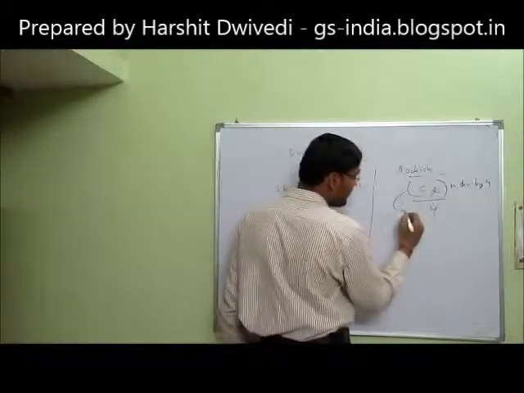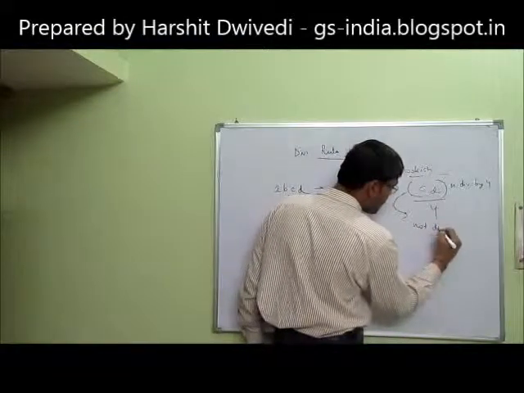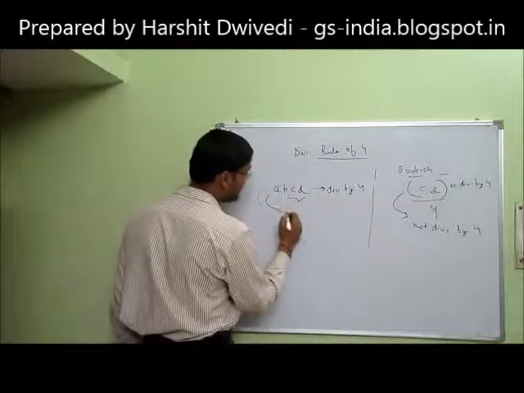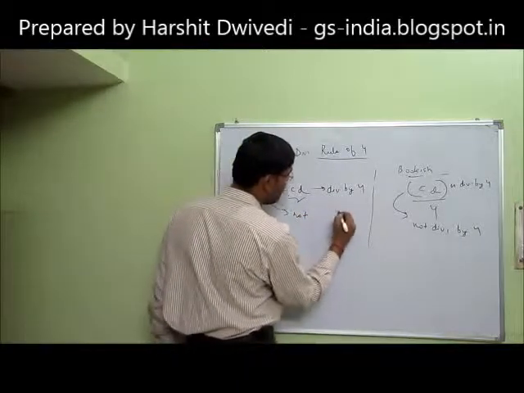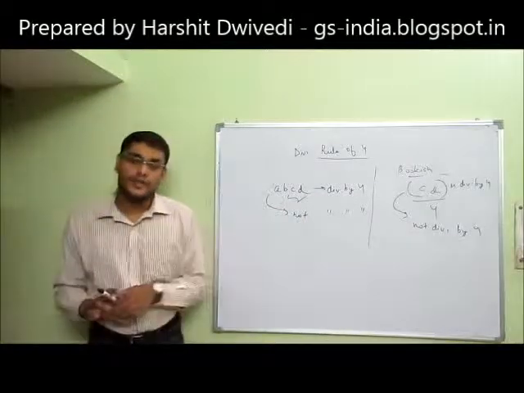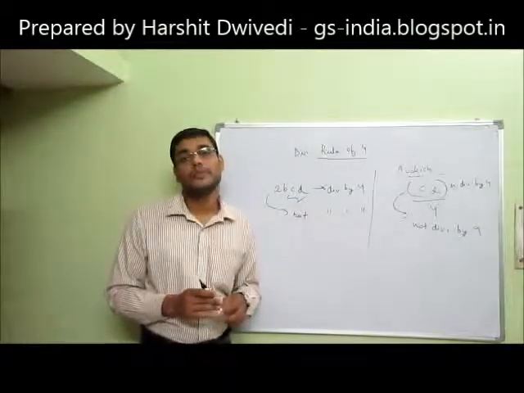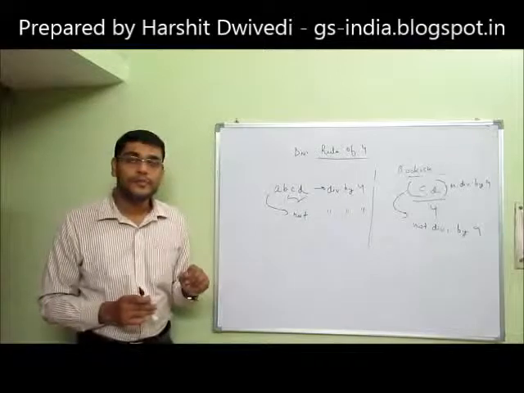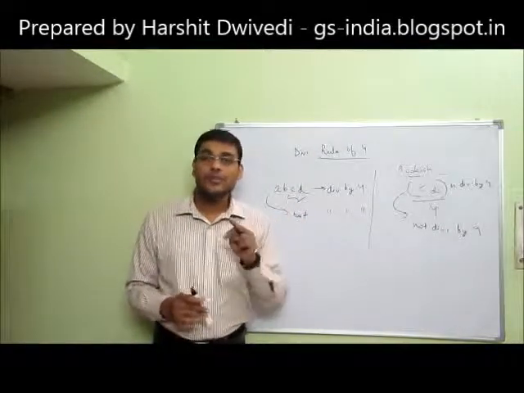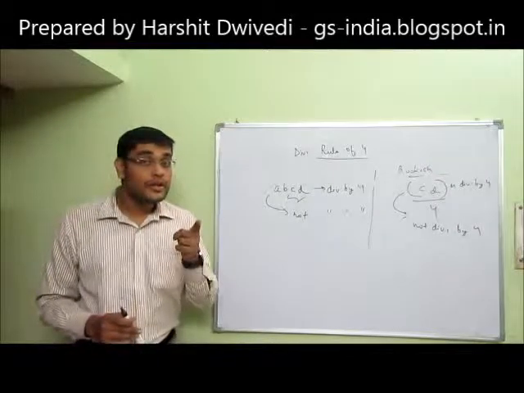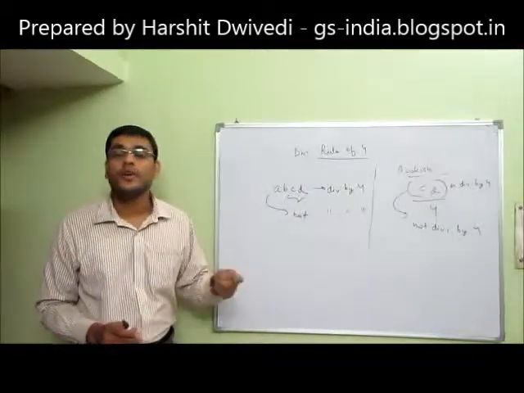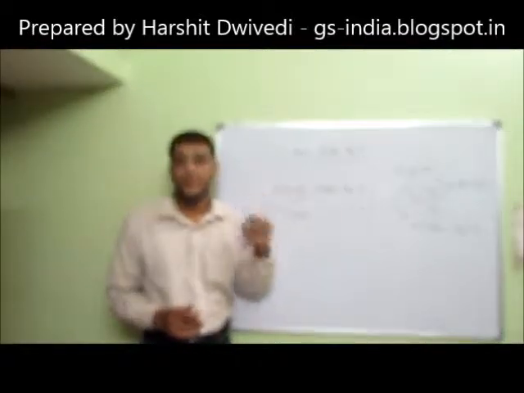And if this CD is not divisible by 4, then this number ABCD is also not divisible by 4. This is what the bookish definition says. For the divisibility rule of 4, we have to check the last two digits. If the last two digits are divisible by 4, not by 2, then only the whole original number will be divisible by 4.